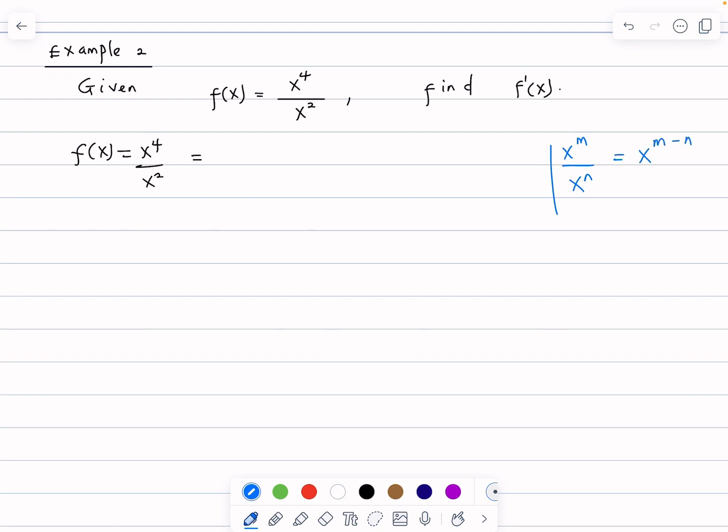So using that rule, I can write this as x to the power of 4 minus 2, which is x squared. So that means my f of x is equal to x squared. The derivative of x squared you can find using the power rule, so f prime of x is just going to be 2x.